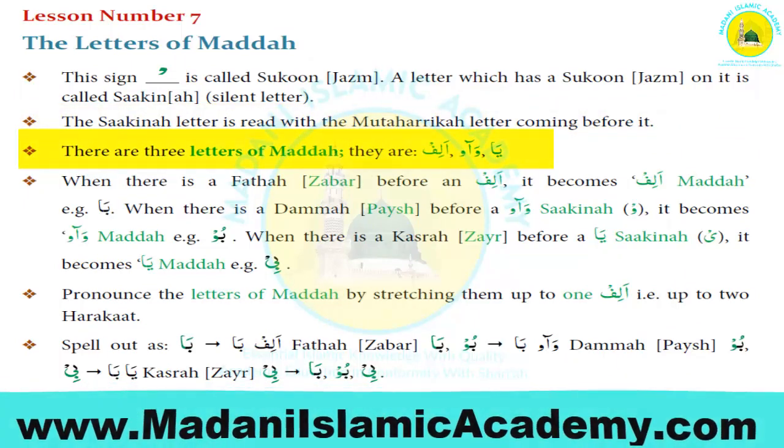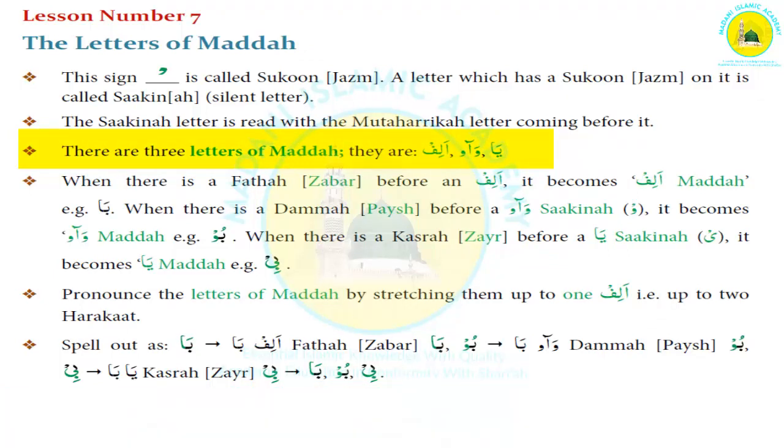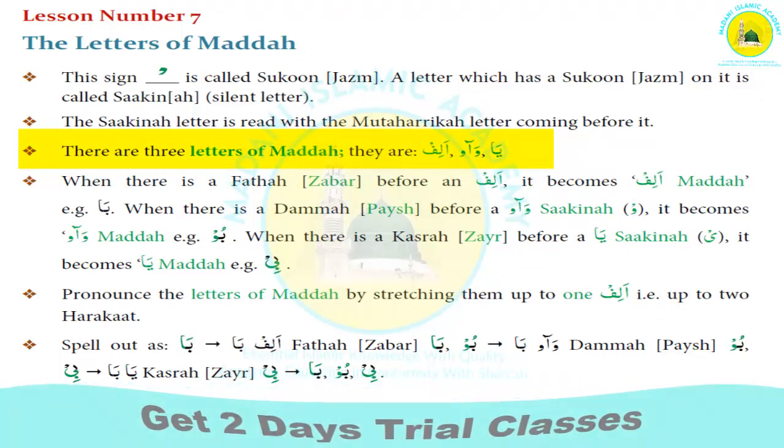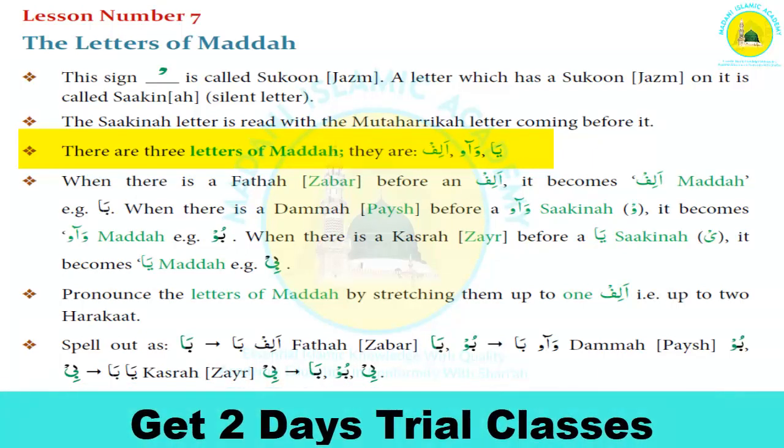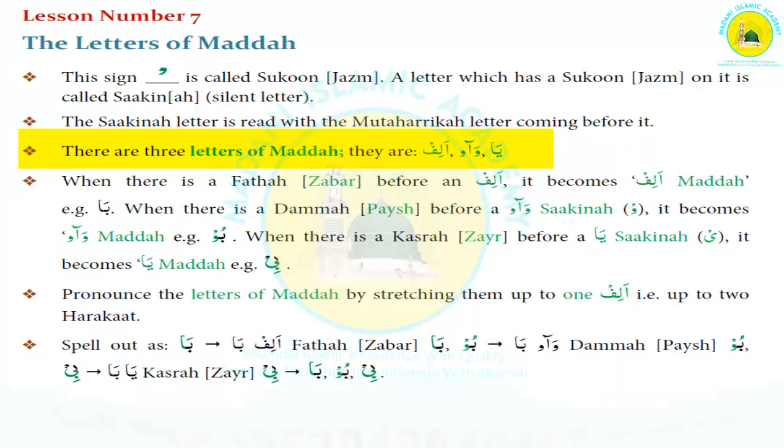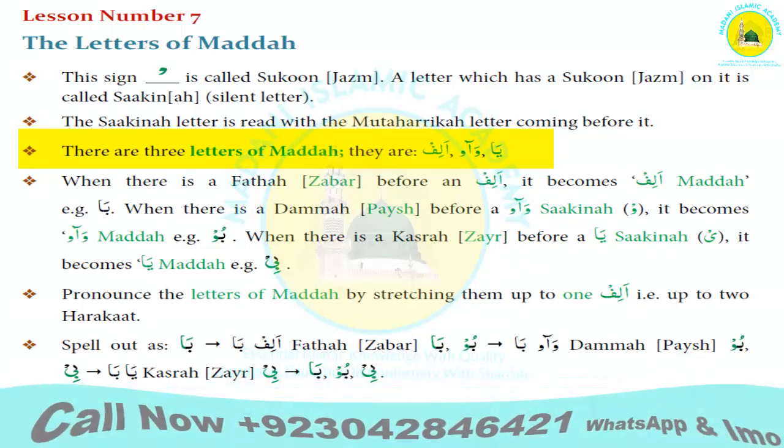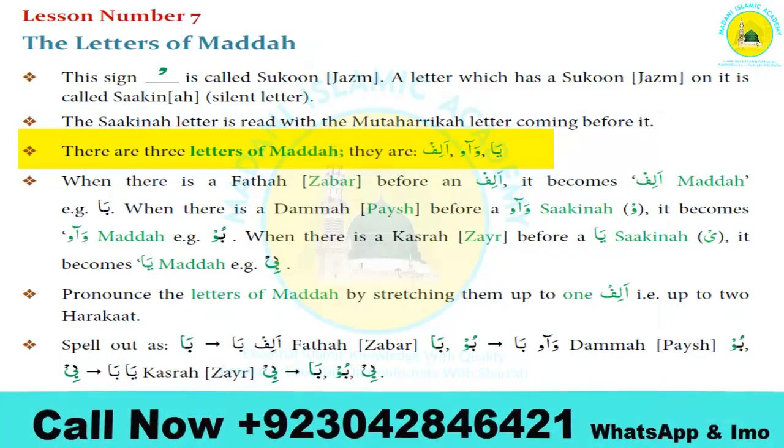There are 3 letters of madda. They are alif, waw, and ya. These are the 3 letters of madda, and inshallah Azza wa Jal, we're going to be talking about these 3 letters, and how these 3 letters can change a letter.